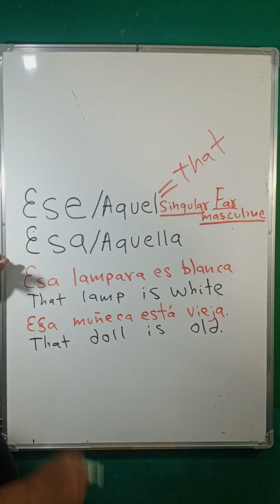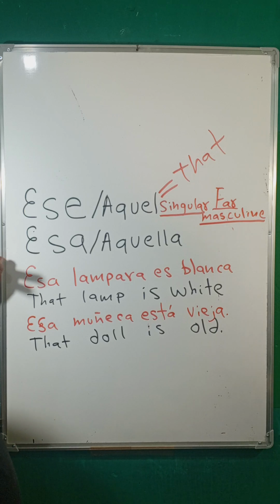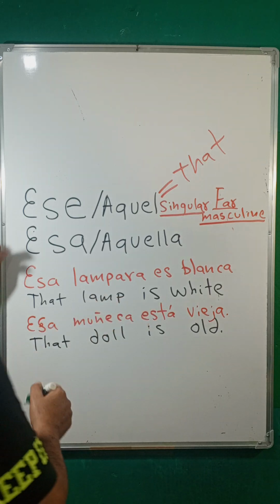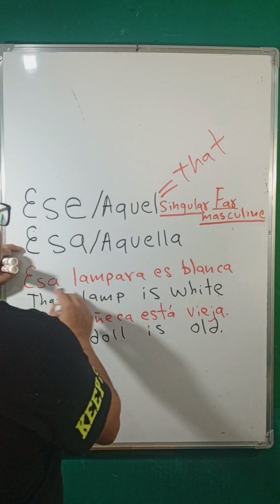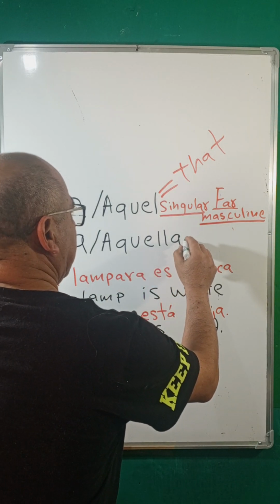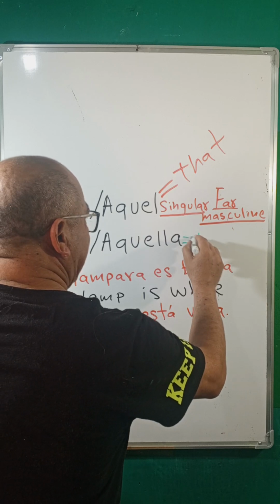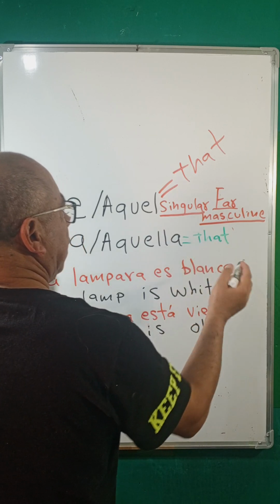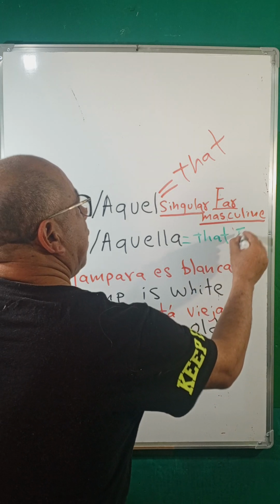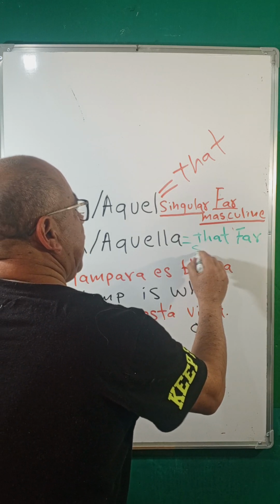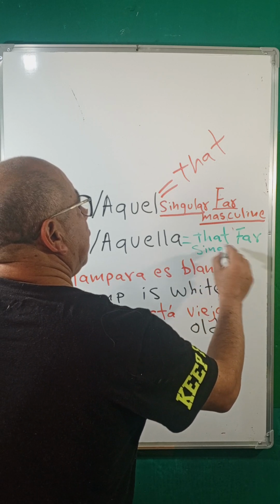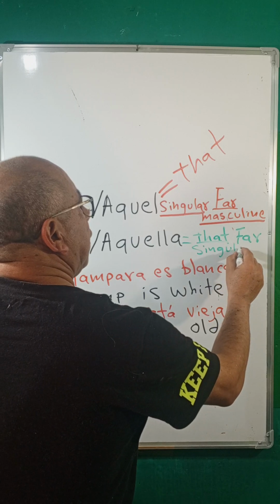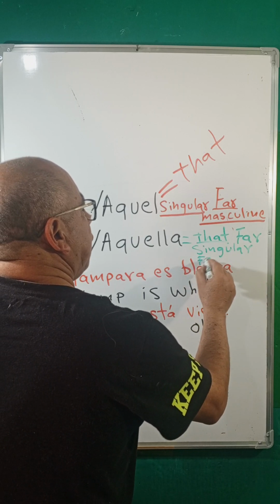It might be esa or it might be aquella. But we could talk about aquel marcador, for these ones. For these ones we have esa lámpara, also equal to "that." It's far, singular, and feminine.